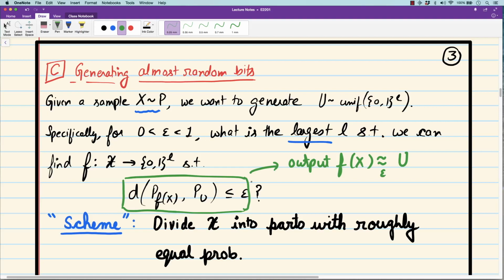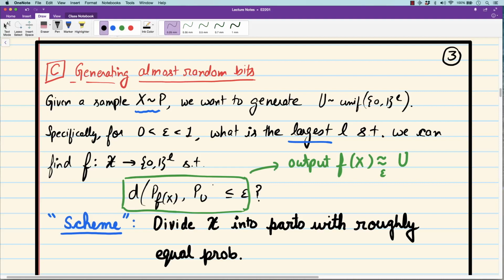You may be a bit worried about this error and how it will affect the quality of the randomness that you have generated. Remember that the total variation distance can be expressed as the sup over all A of the difference between the probabilities under the first PMF and the second PMF. Now suppose you have designed some algorithm which uses randomness generated by P_U.